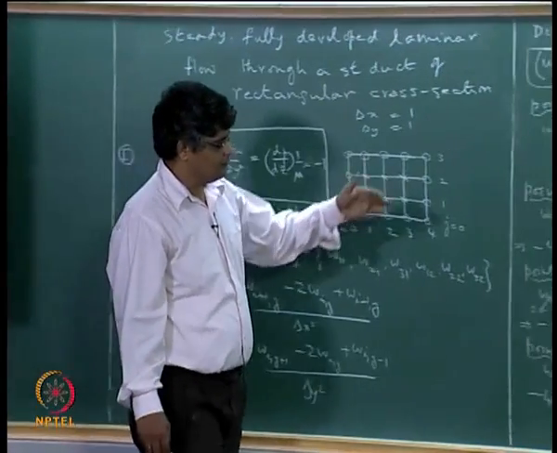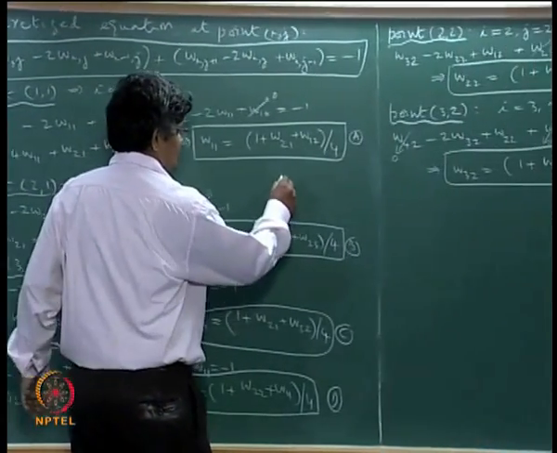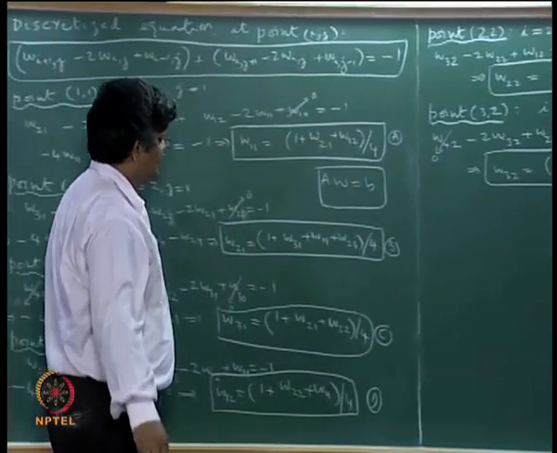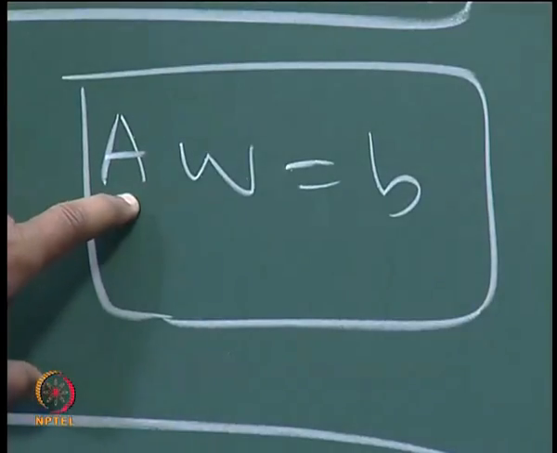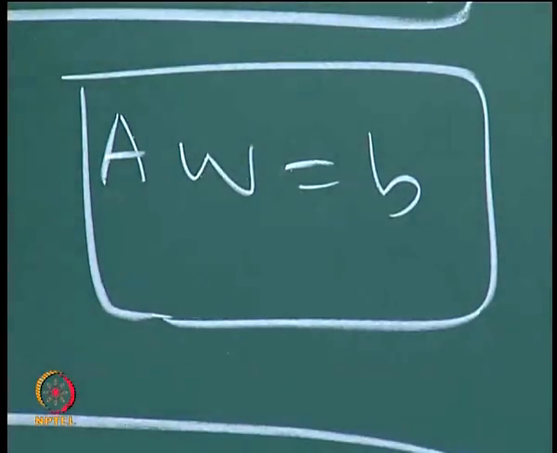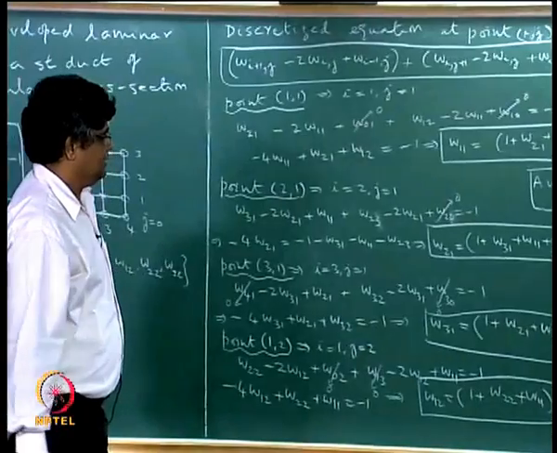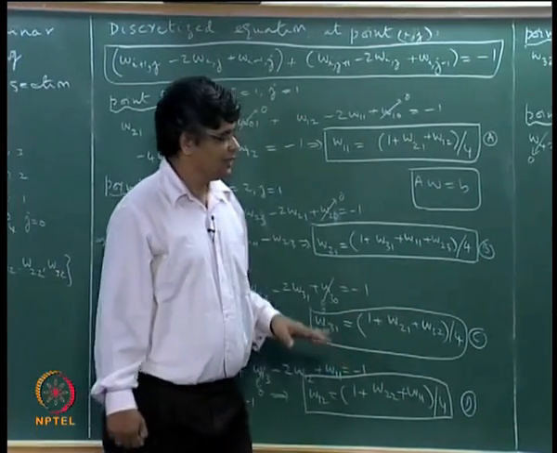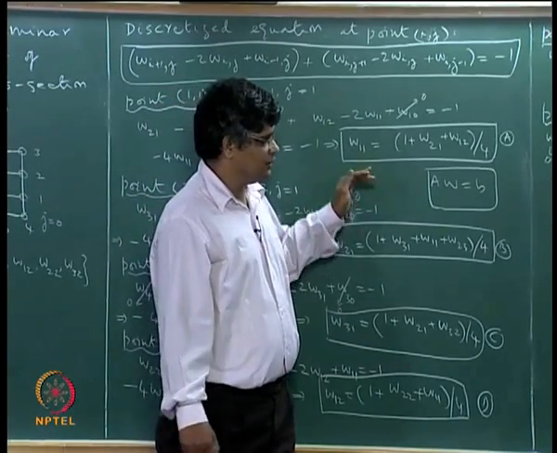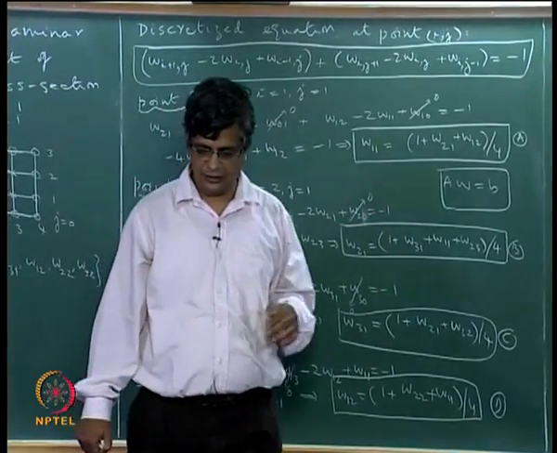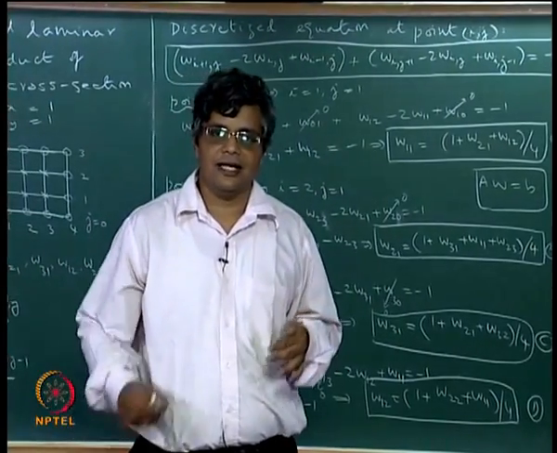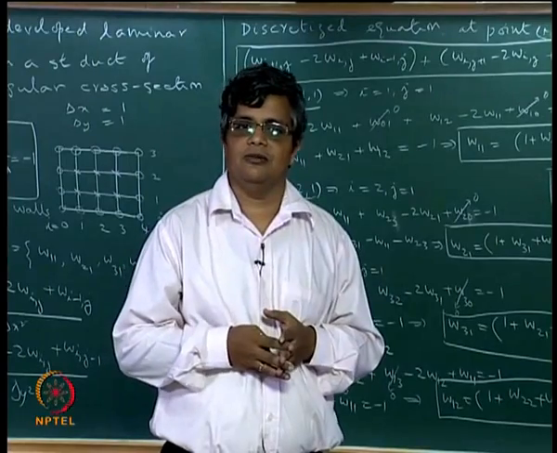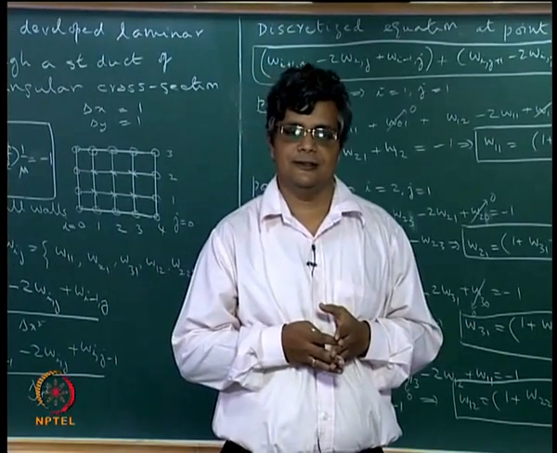So we have converted, if you put all this into AW equal to B form, then the matrix A here will have the coefficients of all the variables, and we can write them down, and we can then invert the matrix. That is one way of doing it, but typically in computational fluid dynamics, we do not directly invert the matrix for a solution of AW equal to B. It is because we normally deal with very large matrices.